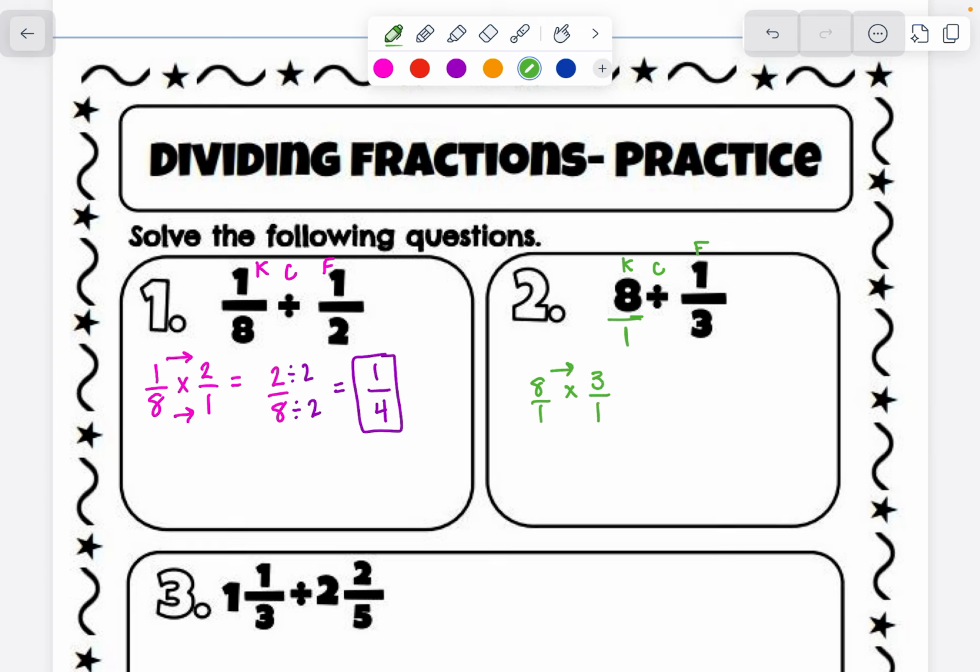And multiplying straight across, I get 24 over 1, which is just 24. Because if I were to do top in, bottom out, right? 24 and a 1. Well, how many times can 1 go into 24? 24 times. So our answer is 24.